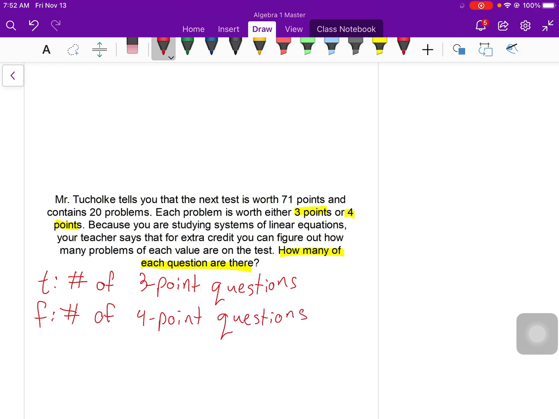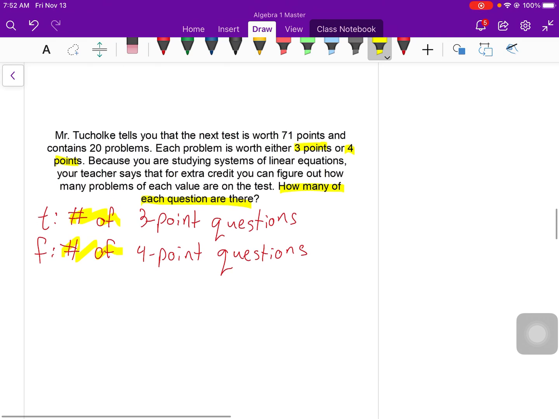I mentioned it, but I didn't really highlight it. Number of is important because our variable has to represent a number. If you say T represents 3-point questions, what you're saying is T represents a question, it doesn't represent a value. We know variables need to represent a value. On the quarter and nickels one, we couldn't say Q equals quarters because it equals how many quarters, not just the actual physical quarter itself.